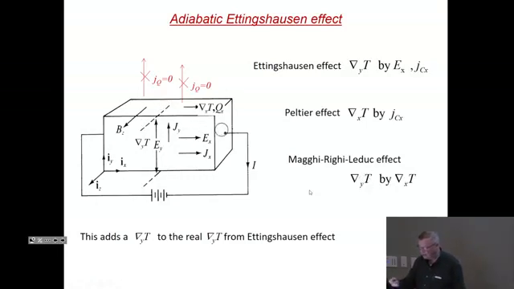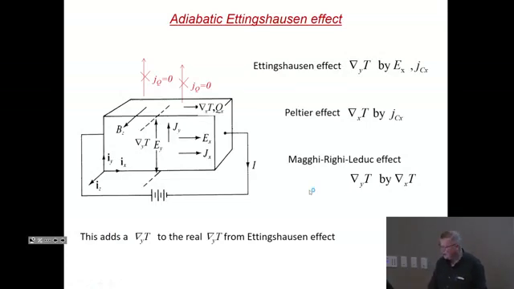So if you have a gradient along X, you will also have a gradient along Y due to the thermal Hall effect here. And that gradient along Y, of course, gets added to the gradient that comes from the Ettingshausen effect. So the grad yT contains the real isothermal Ettingshausen plus a Peltier effect mixed with a transverse Hall, with a thermal Hall.